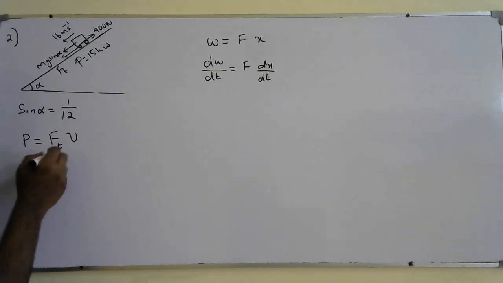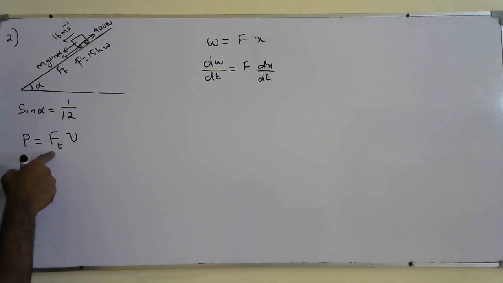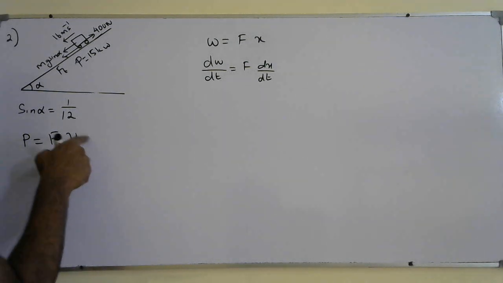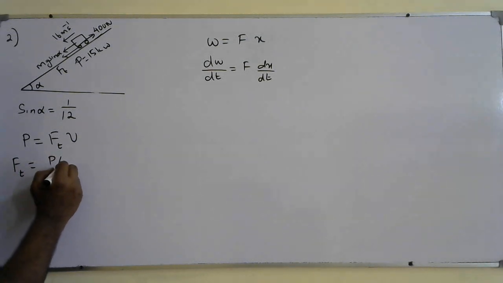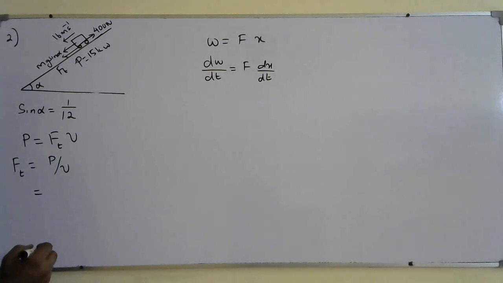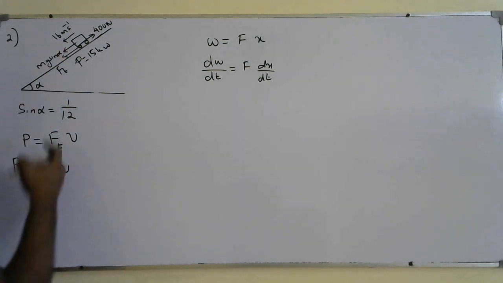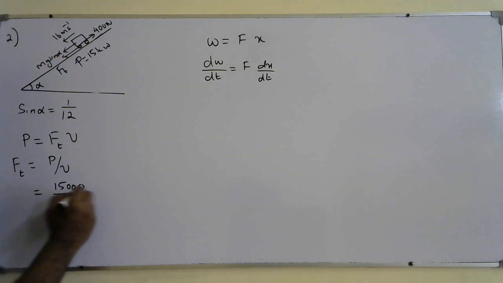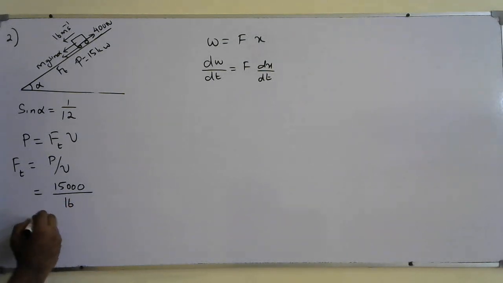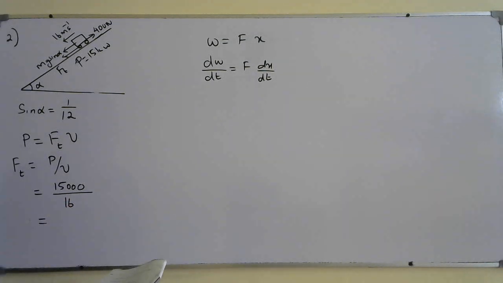So Ft, I need to give it in terms of the speed, 16. So Ft is equal to P over V. We know the power, power is given as 15,000. Speed is given as 16 meters per second. So I can find the Ft there, or I can substitute the value later.